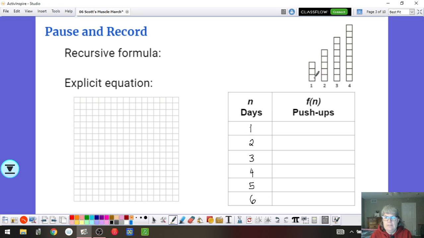So we know that day 1 has 3, day 2 has 5, day 3 has 7, day 4 has 9.